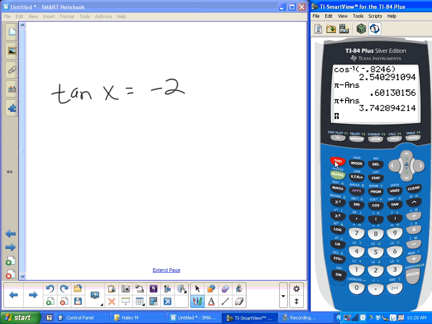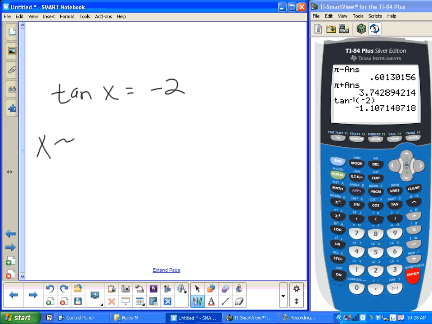Inverse tangent, -2. Now, there's a problem with that answer. How come they can't be negative? What you got against negative numbers? You're like a negative racist. What's wrong with negative numbers?